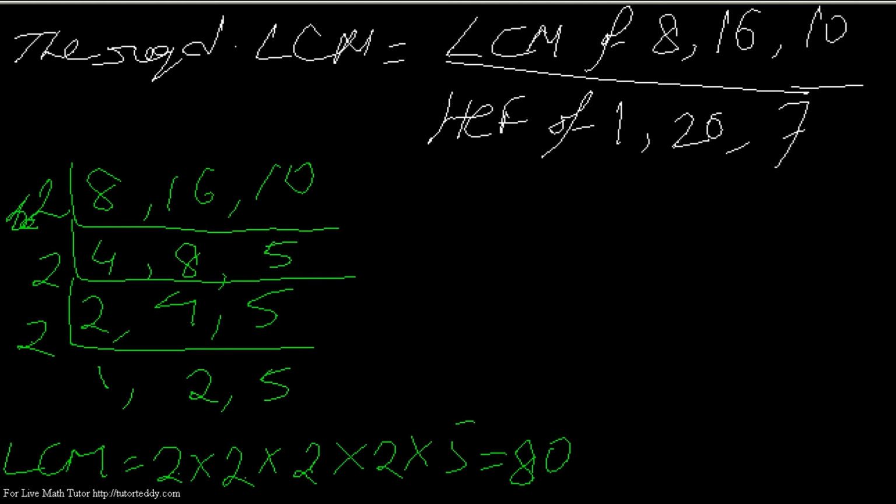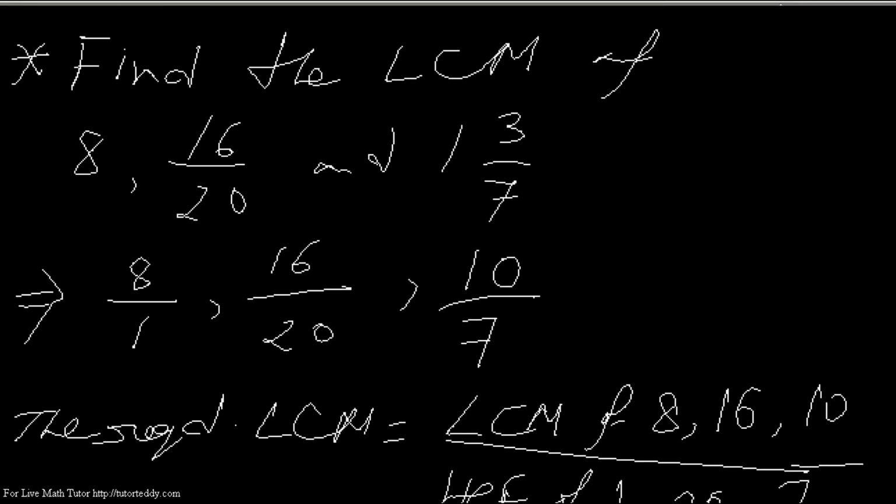But before doing this, let me check my numbers once again. I didn't reduce this fraction, it can be reduced further. 16 by 20: I can cancel 16 and 20 by their common factor, 4 4s are 16 and 4 5s are 20.